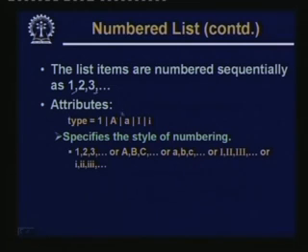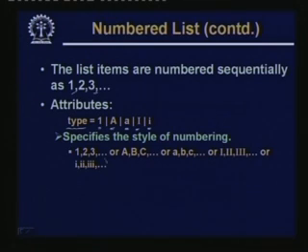Now, let us see what is meant by changing the style of the numbering. Here also the name of the attribute is type, and type can assume one of these 5 values, either 1 or capital A or small a, capital I or small i.